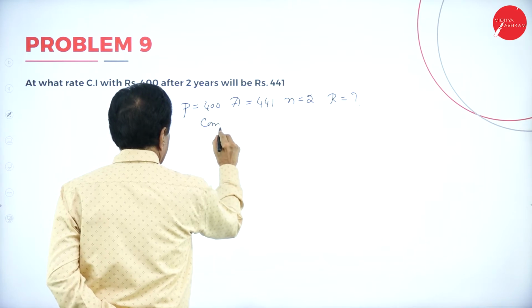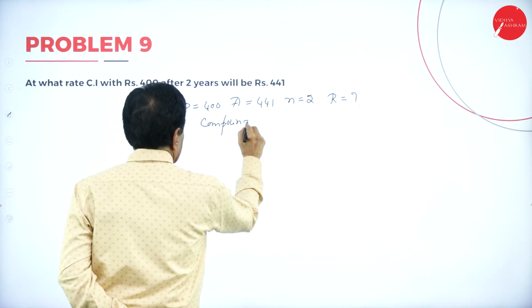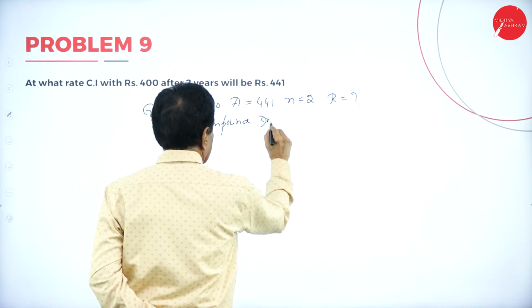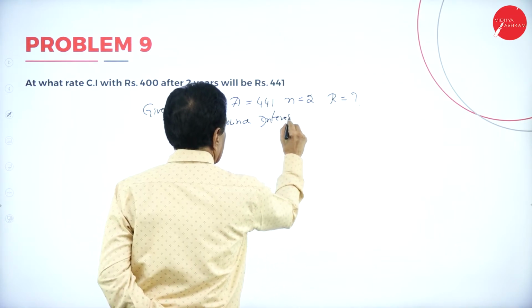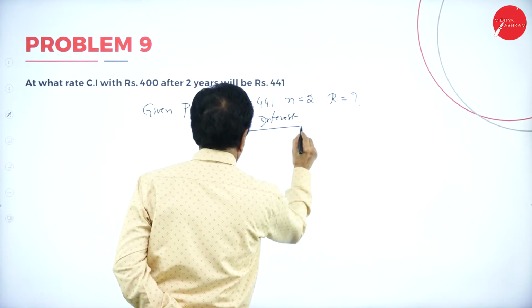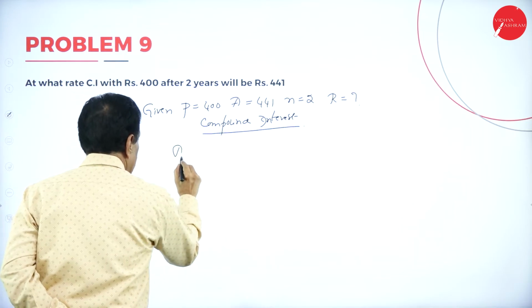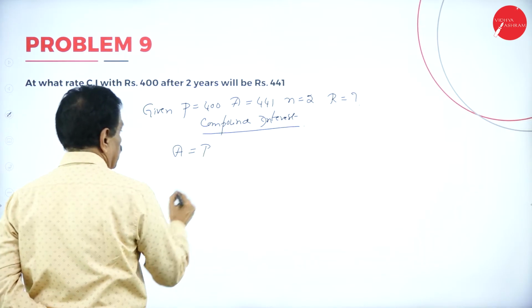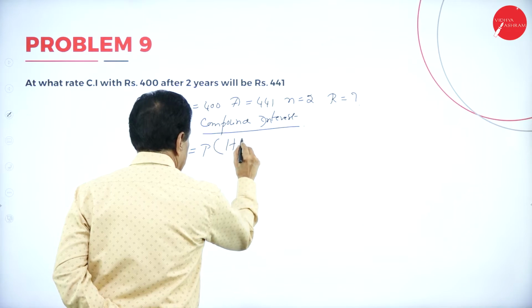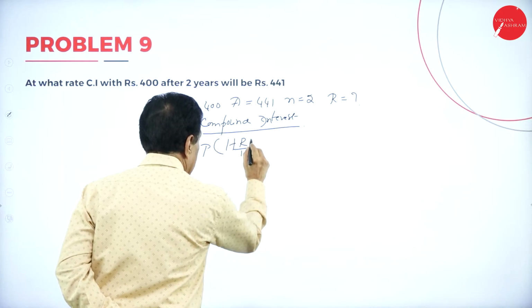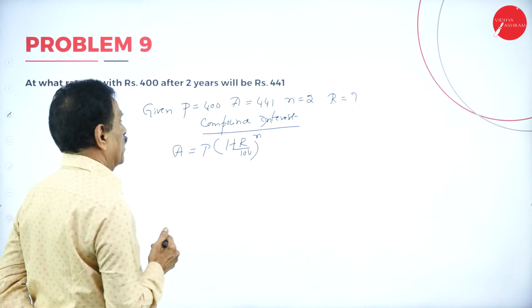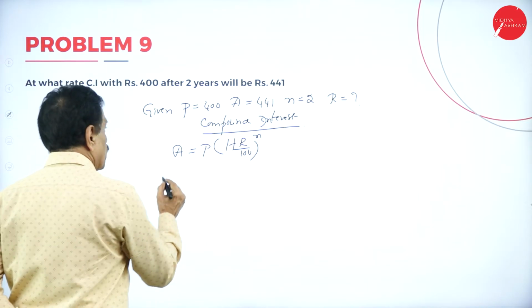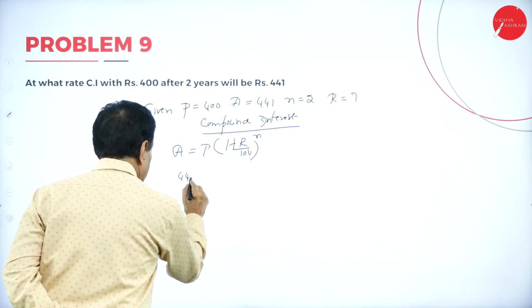Compound interest: A is equal to P into 1 plus R over 100 to the power of N. What's your A? 441.